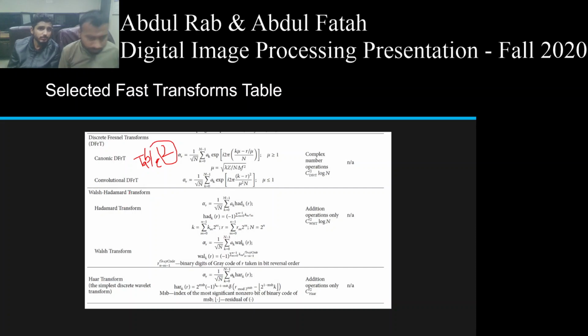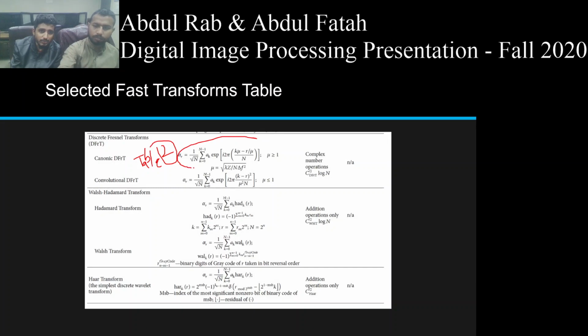So in this we are looking at the definition of the discrete Fresnel transform, that is, the canonic discrete Fresnel transform DFRT is alpha R, summation and the alpha AK. You are looking at this expression.